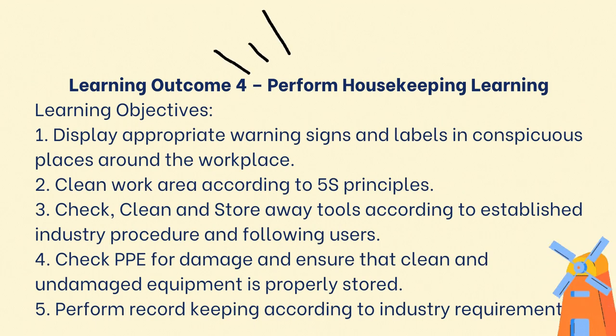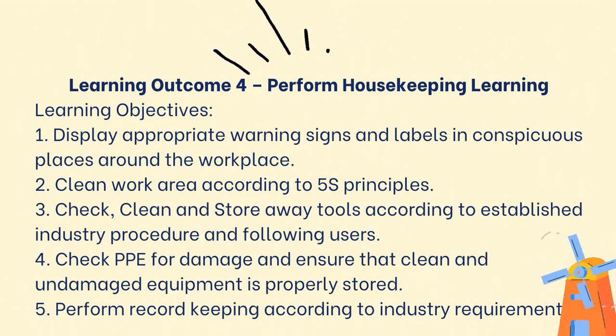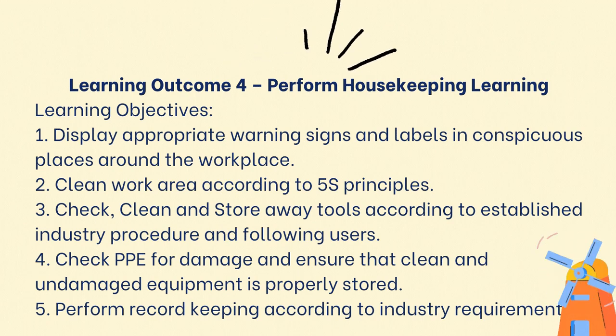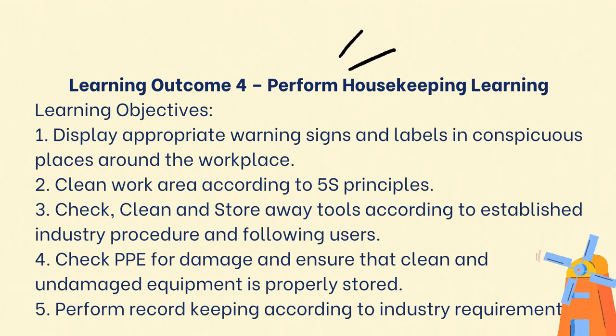And we make it to learning outcome number 4. Perform housekeeping. In these learning objectives, you are expected to learn how to: 1. Display appropriate warning signs and labels in conspicuous places around the workplace. 2. Clean work area according to 5S principles. 3.